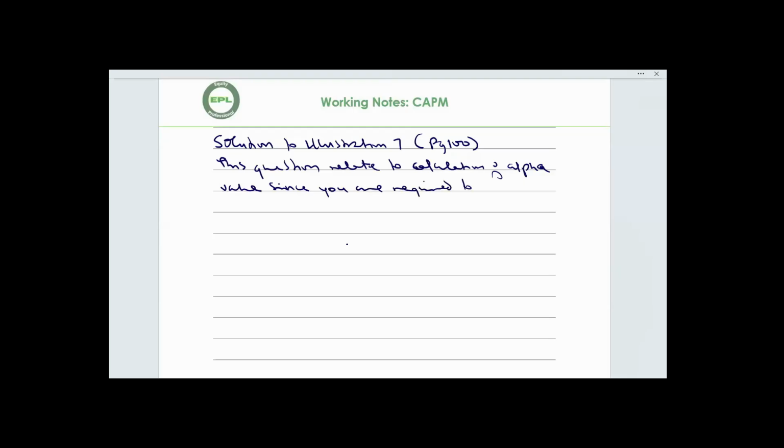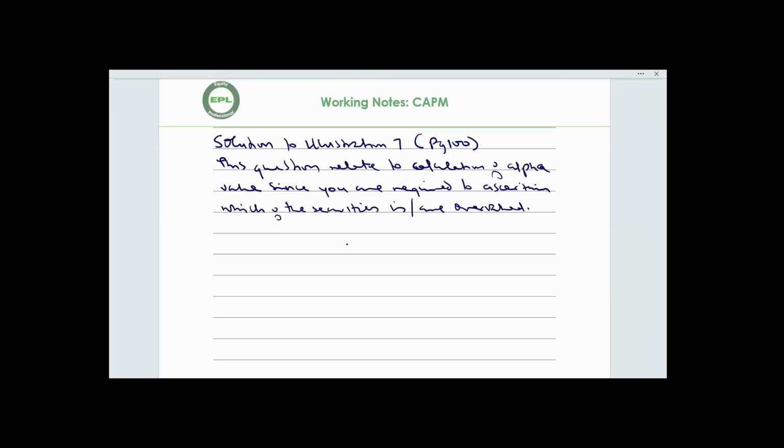Since you are required to ascertain which of the securities is or are overvalued.